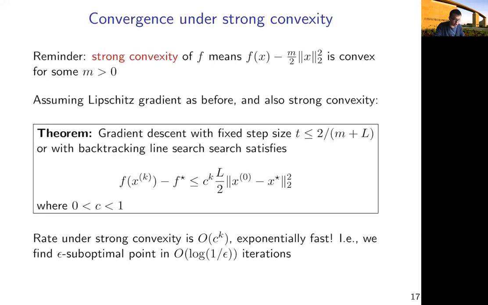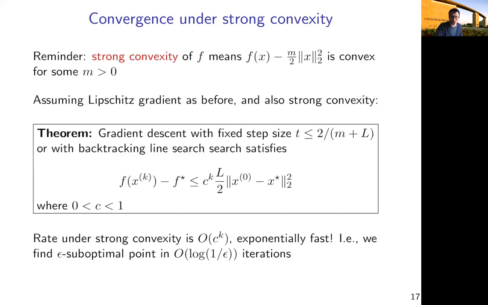When there's an additional condition that holds about the function f, we can hope that the algorithm will converge even faster. So specifically, we talk about convex functions, and if the convex function holds strongly with parameter m, in which case we say that this function f is m strongly convex.